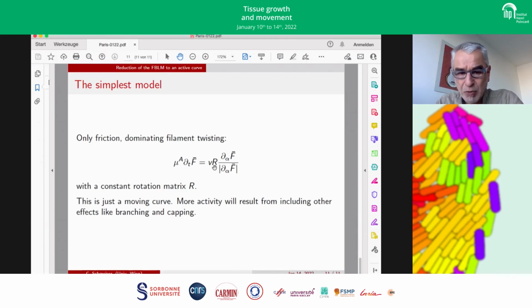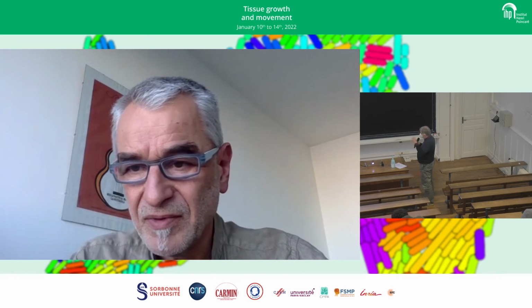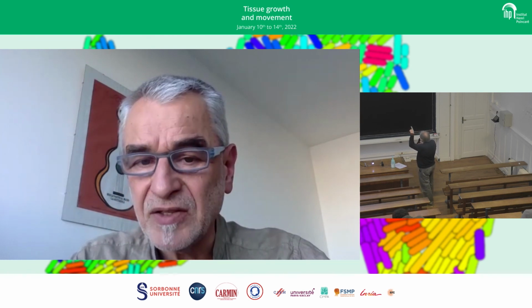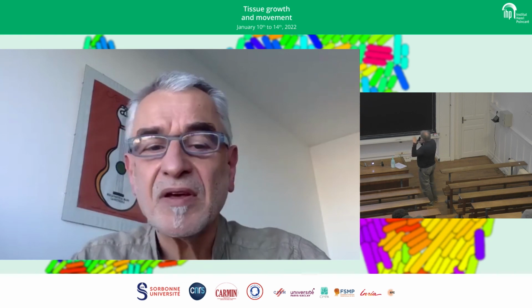So each point on the periphery just moves with a certain speed v in a direction which is at a certain angle to the tangent vector. Okay, maybe I'm confused. At the end of the day, don't you want the whole cell to move? Or is this a description of what's happening inside the cell?